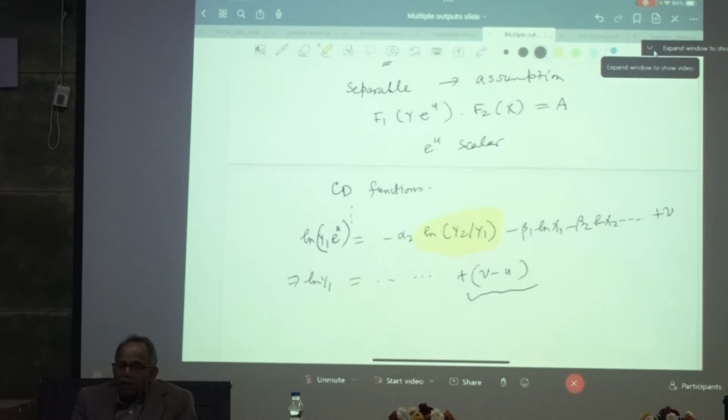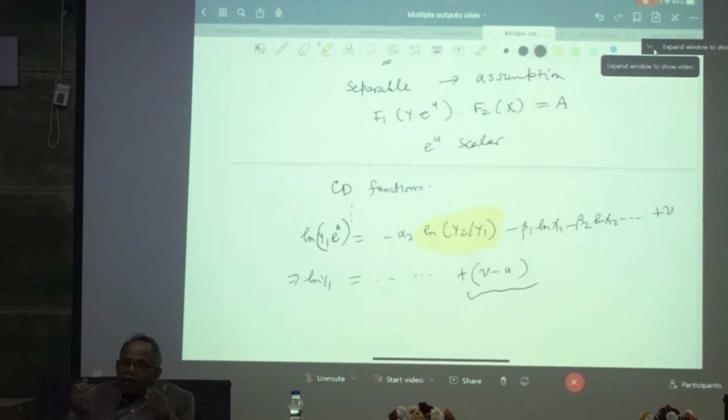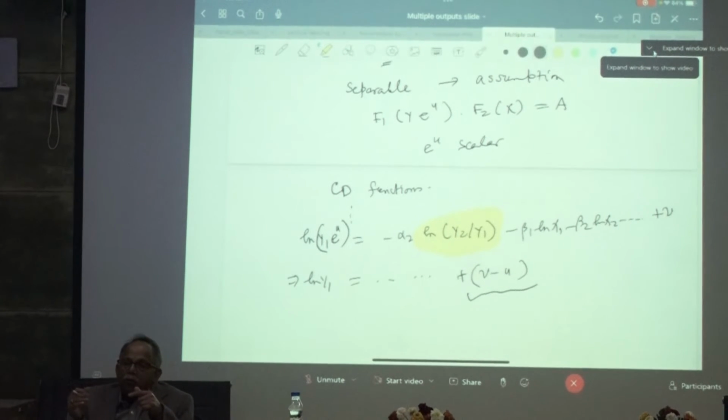As I said, the estimation is not an issue, and what about the interpretation of inefficiency? What was the interpretation before? We were talking about output shortfall. Here you also have output shortfall, but that shortfall is not for only one output, but all the outputs. The problem here is that you have to make the assumption that the shortfall of all the outputs is exactly the same.